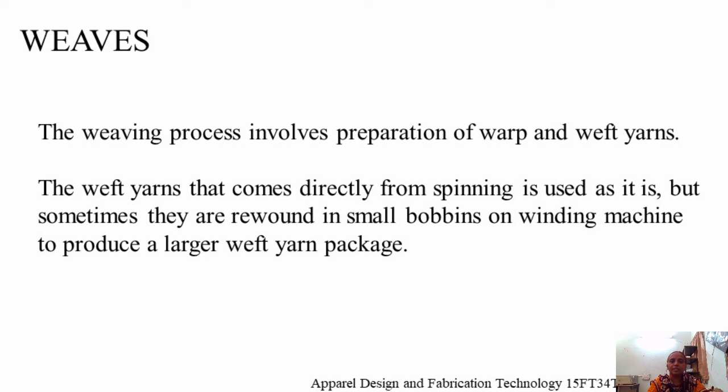Weft yarns that come directly from spinning are used as they are, but sometimes they are pre-wound on small bobbins on a winding machine to produce a larger weft yarn package. So you can directly use them or you can wind them on small bobbins using other devices.